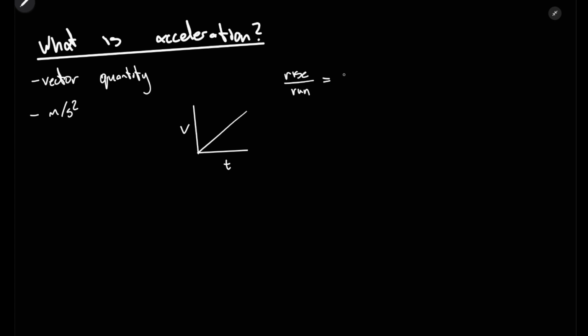Rise over run, which means change in v over t. And what's the unit for velocity? Meters per second over second, because time is seconds. Now we can move this down, and we're left with meters per second squared, and that is our unit for acceleration.